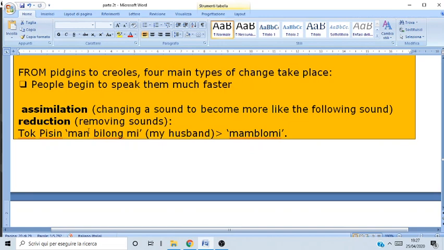But for an unknown reason, people still refer to Tok Pisin as a pidgin. Okay, but Tok Pisin is not a pidgin nowadays. It was before it became a Creole. So that's what assimilation means, changing a sound to become more like the following sound.